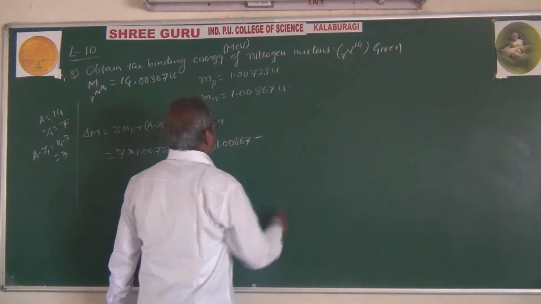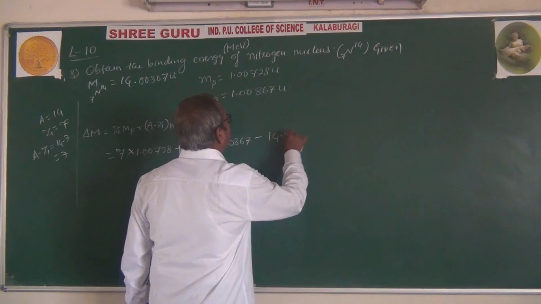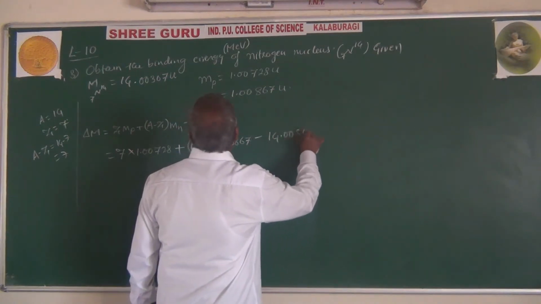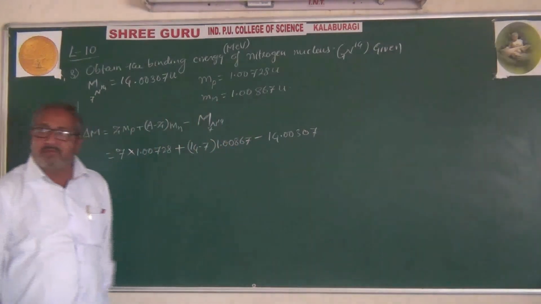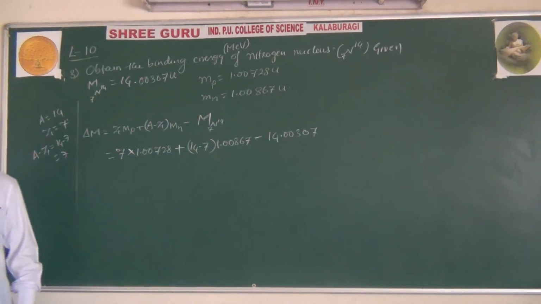the mass of nitrogen, that is 14.00307. Keep in mind, the mass we are getting is in terms of atomic mass unit.